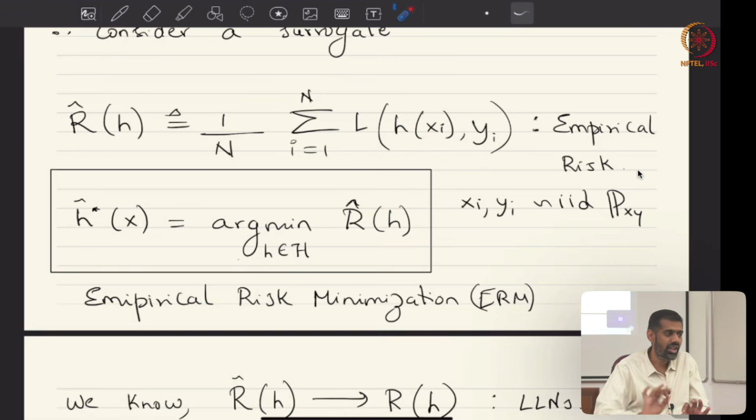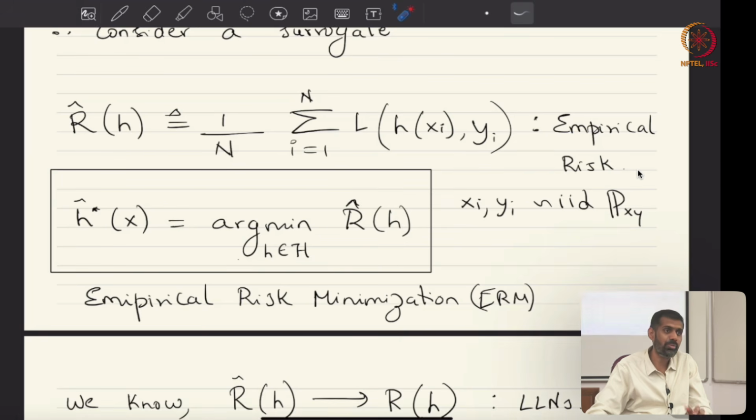The goal is, how do you construct an algorithm so that the minimizer of the empirical risk is close to the minimizer of the true risk? What can you say about the algorithm that you have constructed? There's a lot of theory on this. You might have heard about the machine learning algorithm called support vector machines, SVMs.